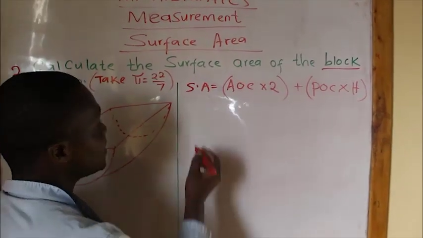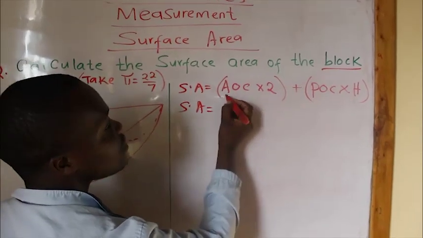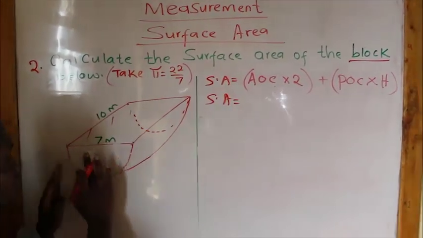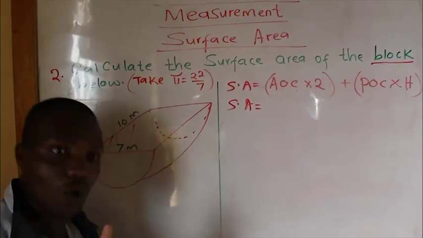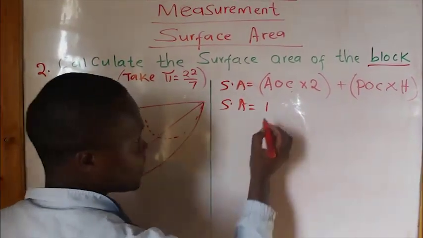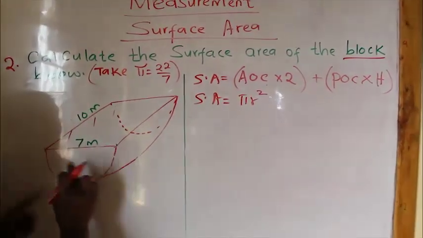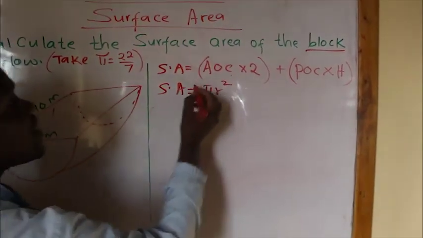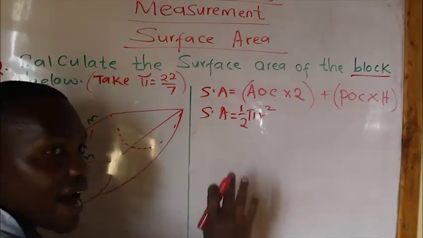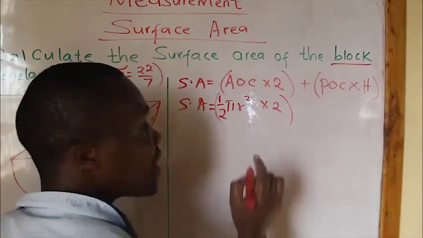So remember this. The next thing you're supposed to do is you interpret the cross section. The name of the cross section is a circle. So now we like the formula of finding the area of a circle. That is pi r squared. But remember, it is half of a circle. So begin with half pi r squared multiplied by 2. So what am I doing, learners?